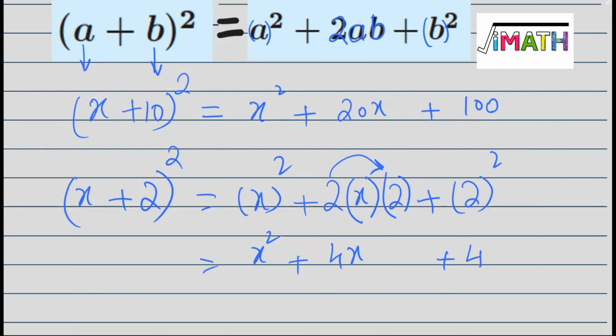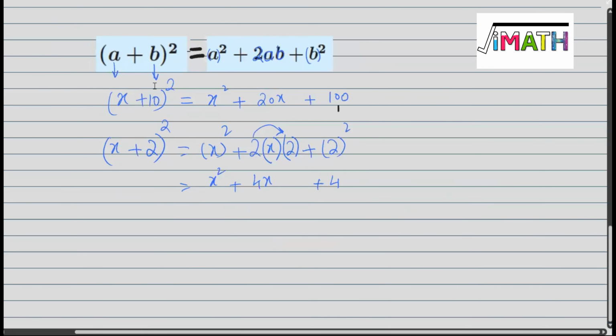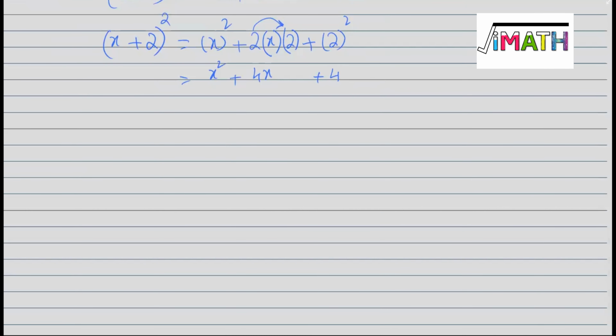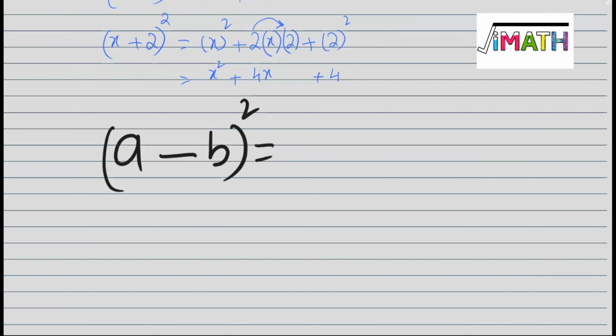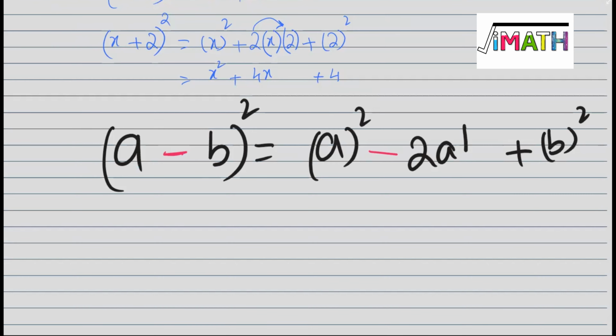So these are the questions from the book. Now if I change this formula, it's gonna be (a - b) whole squared. So it's the square of the first term, the square of the second term, but there is gonna be a negative sign when you do the product, that is 2ab. That's the only difference.